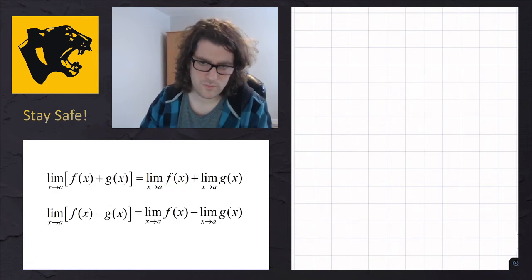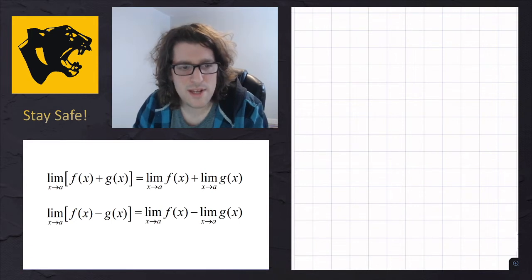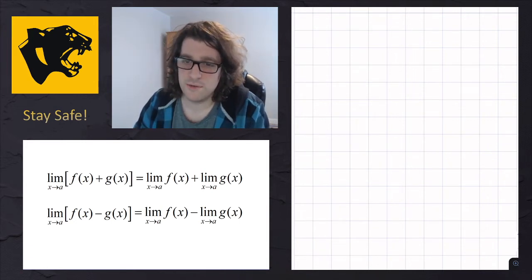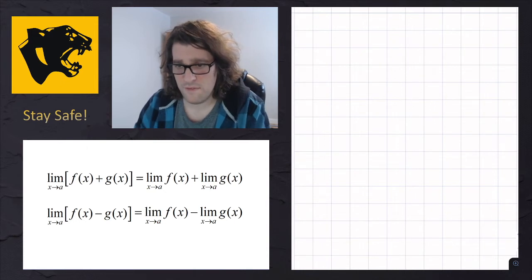All right, so for the first one, the limit as x approaches a of f of x plus g of x is equal to the limit as x approaches a of f of x plus the limit as x approaches a of g of x.